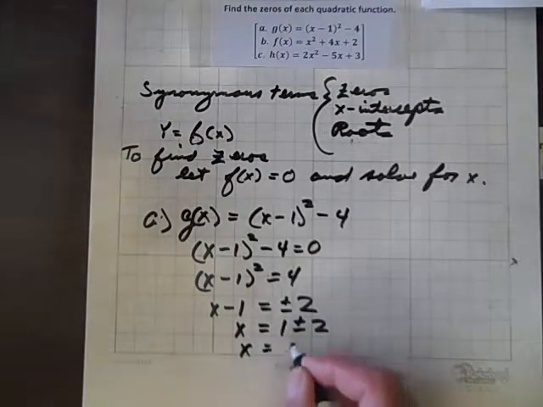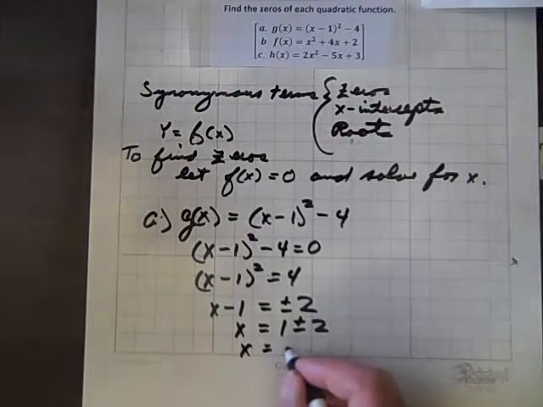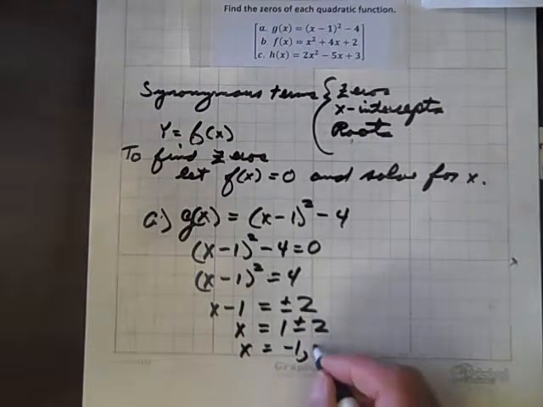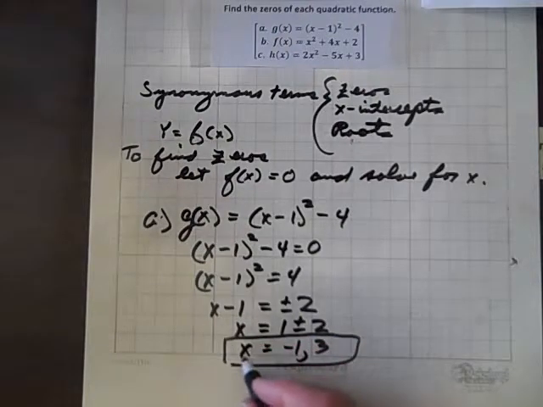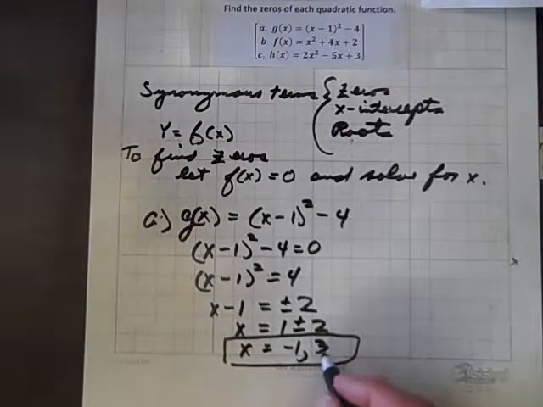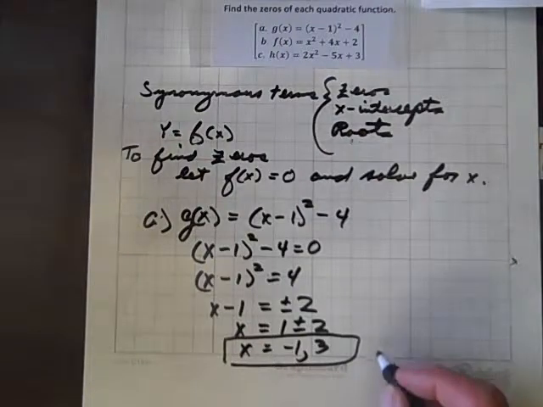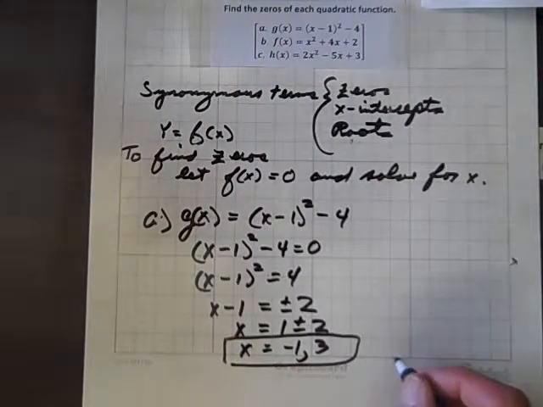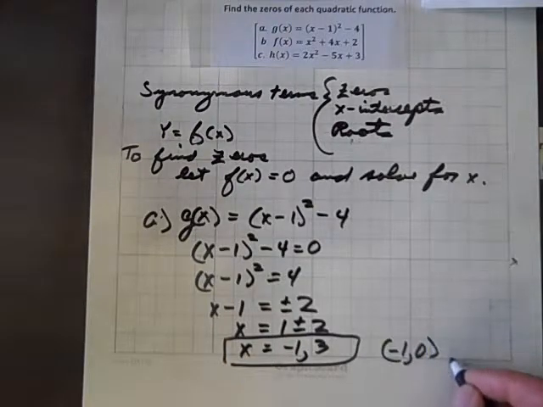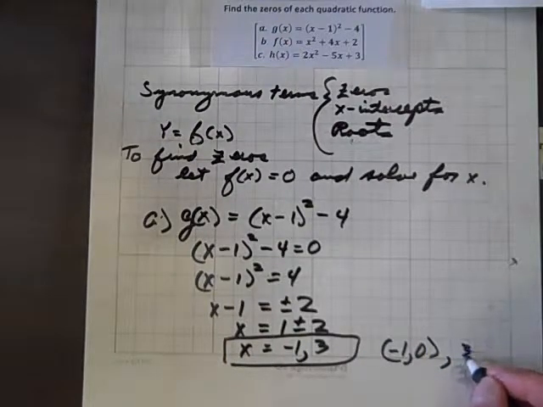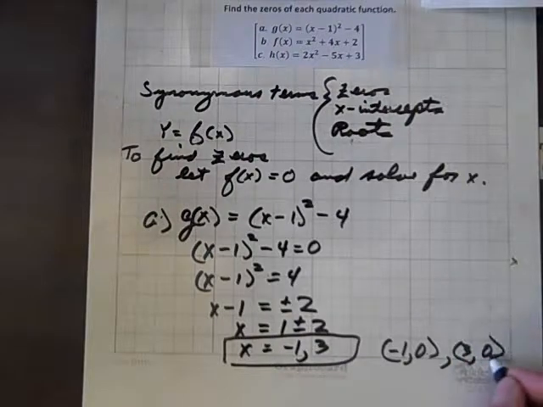So x equals 1 minus 2 is negative 1, and 1 plus 2 is 3. So the zeros are x equals negative 1 or x equals 3. And in terms of coordinates, we would have (negative 1, 0) and (3, 0).